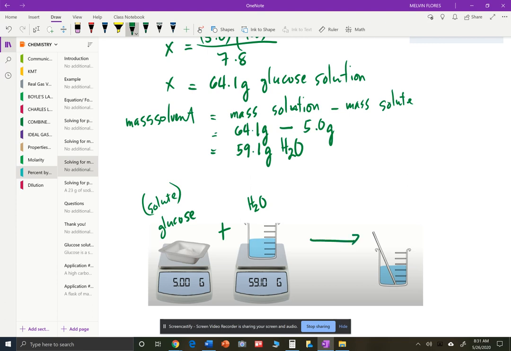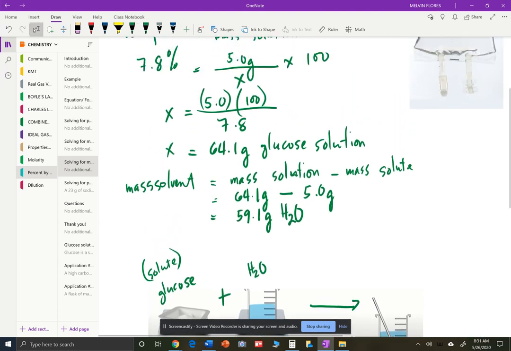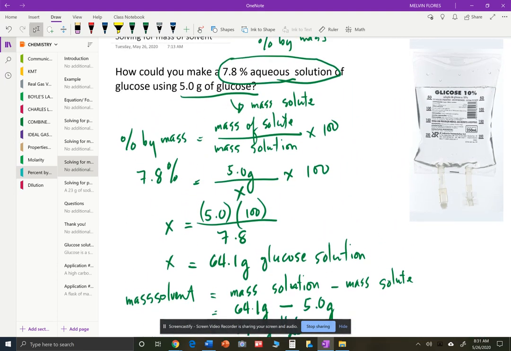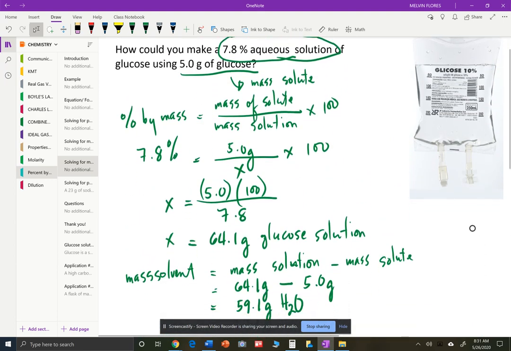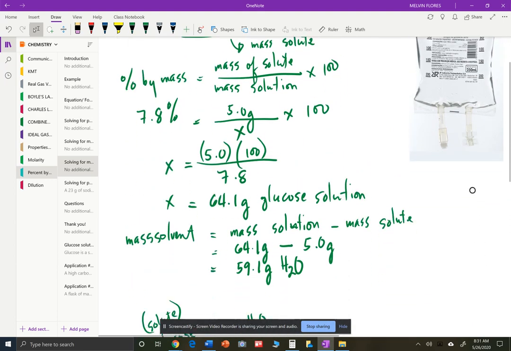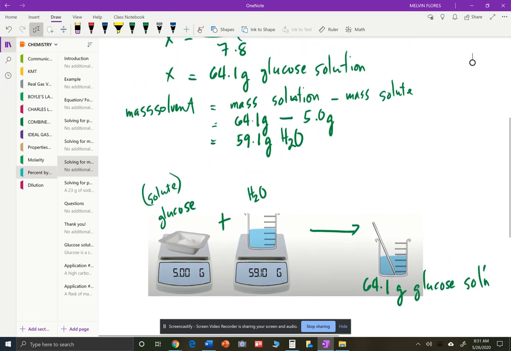Dissolve the glucose into a beaker of water, which is 59.1 gram. That is how you're going to prepare the 64.1 gram glucose solution. And of course, this 64 gram of glucose solution has a concentration of 7.8% aqueous solution of glucose.